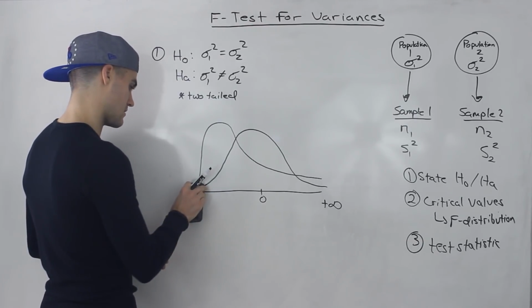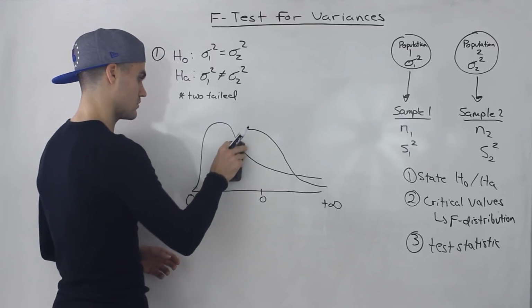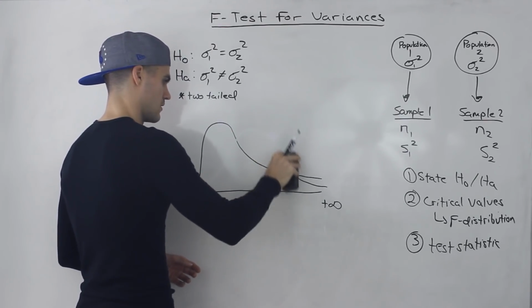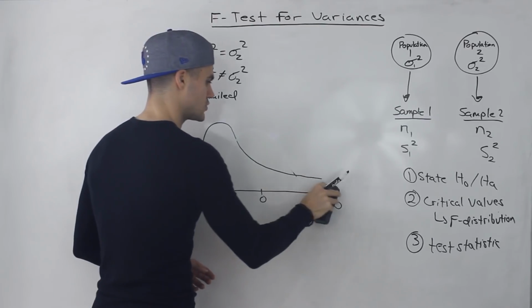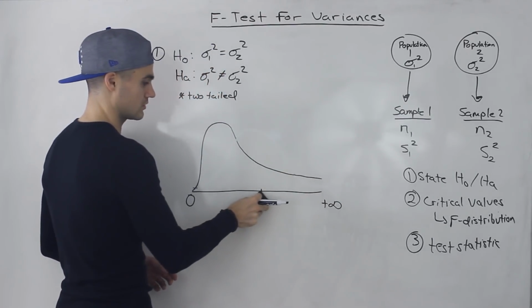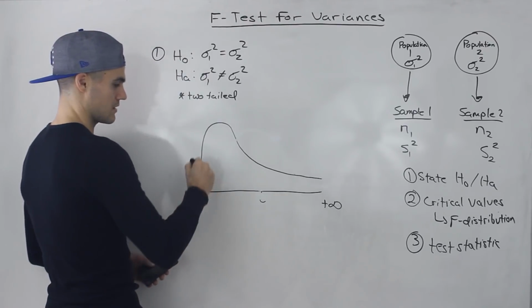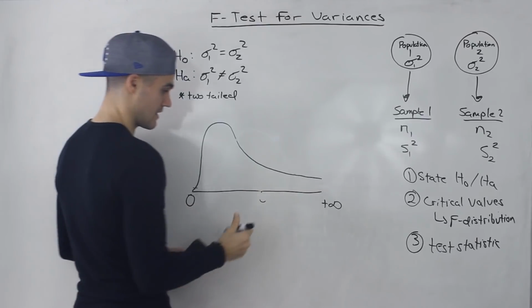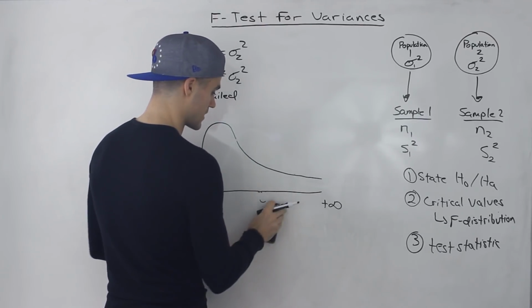So what I'm going to do now is erase this normal so we're not getting confused. Right? So notice that the F distribution is not perfectly symmetrical, because there's more data here on the left than on the right.